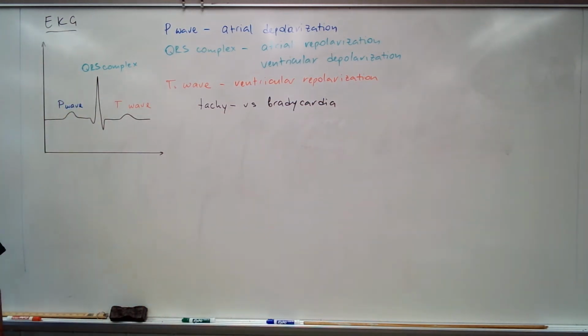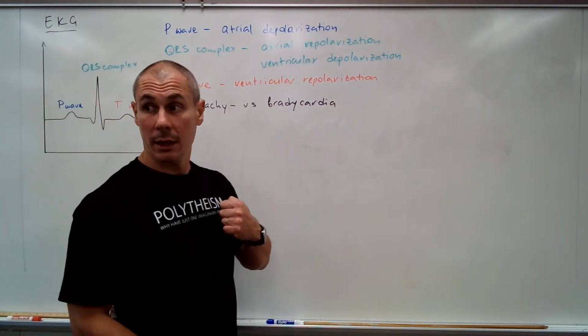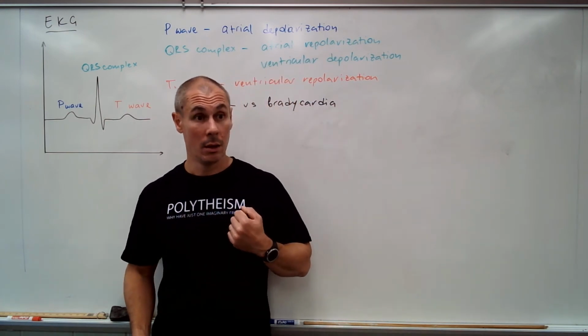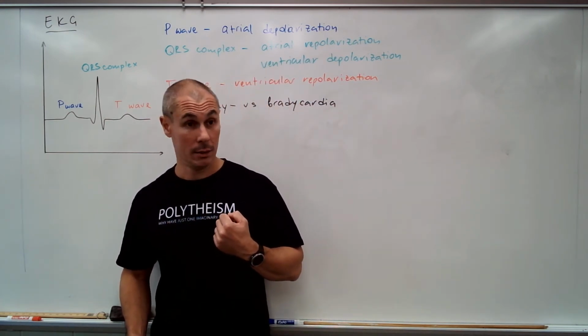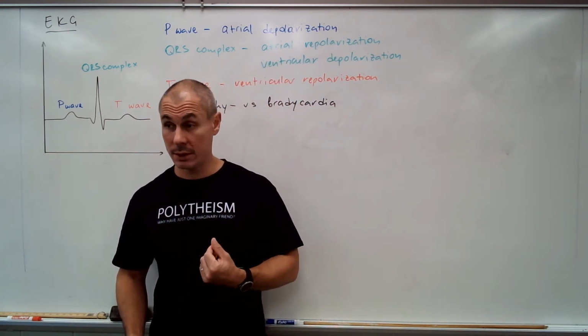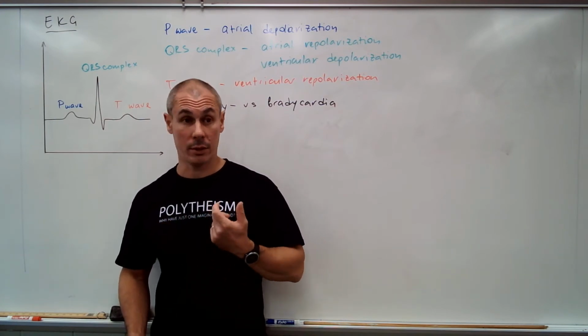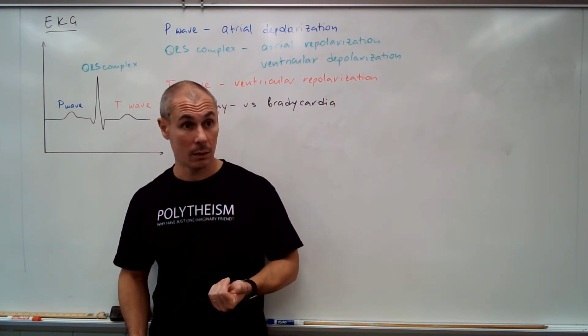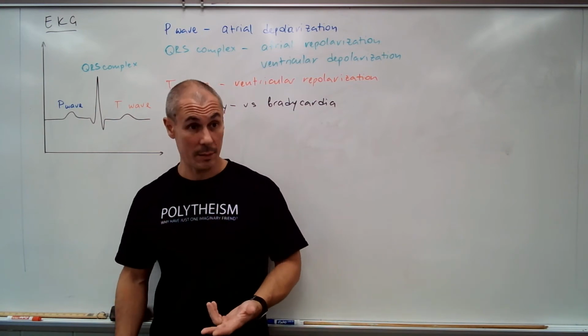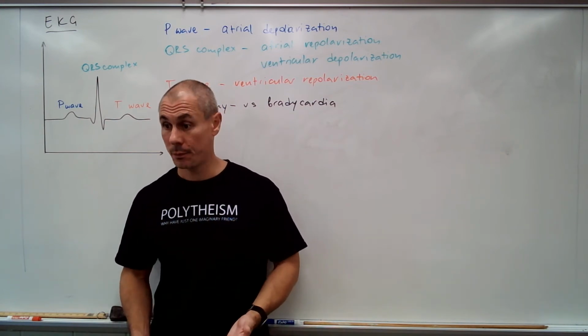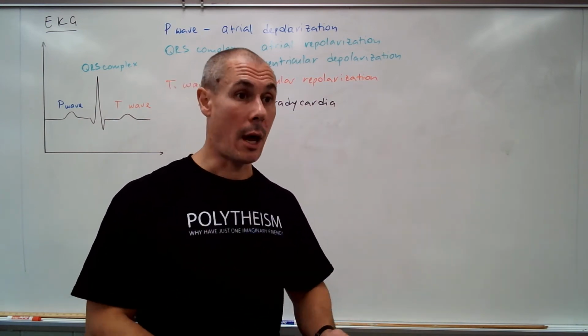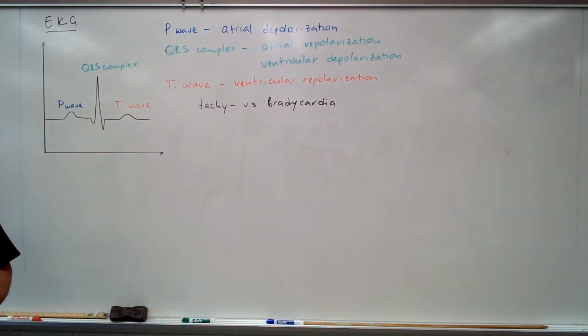Same goes for bradycardia. If I have a heart rate of 40, probably I'm about to die. If Michael Phelps has a heart rate of 40, he's probably sleeping, watching TV. Does that make sense? It's normal for him.